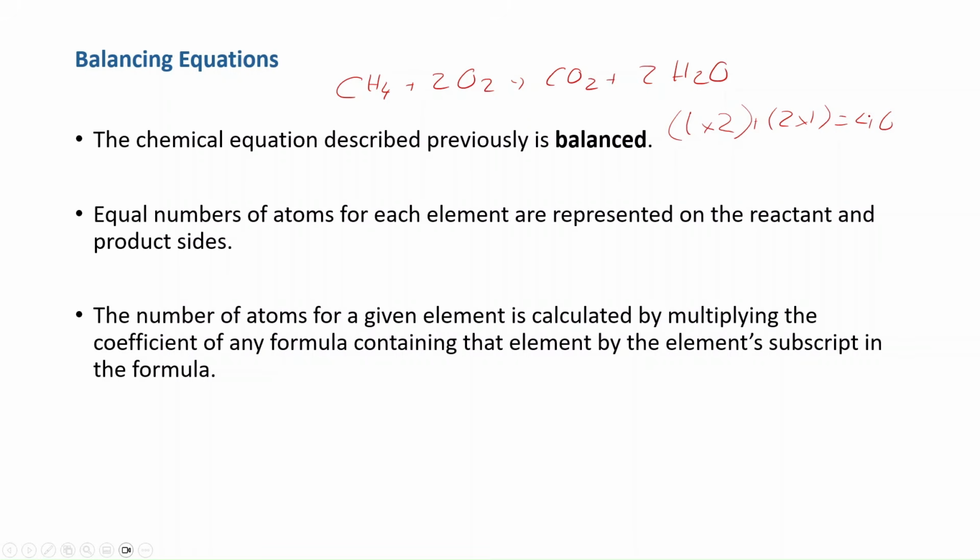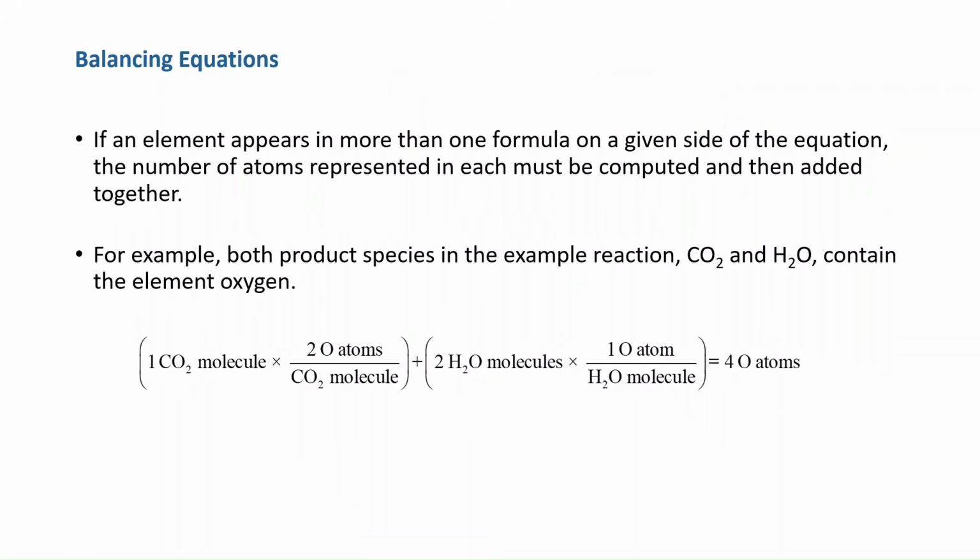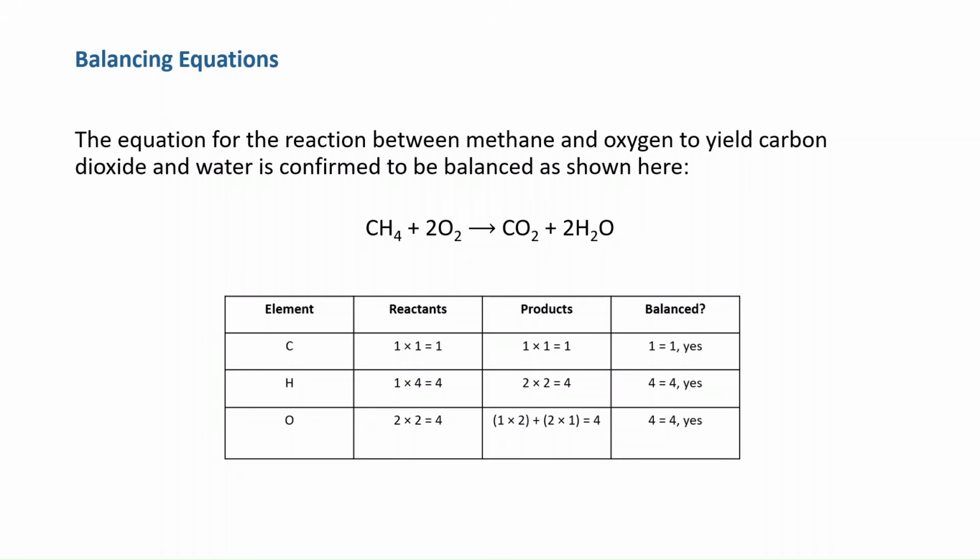It's just very simple bookkeeping. If an element appears in more than one molecule, make sure that you don't miss any. So this one, like I say, is balanced. You can just look at the atoms from each one, no problem.